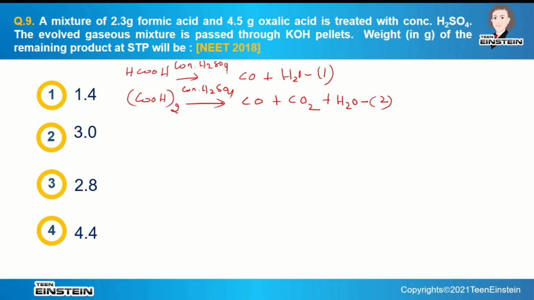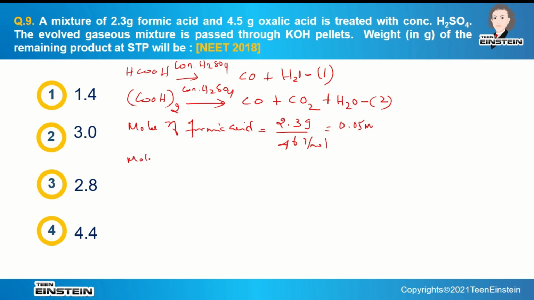So here first we calculate the moles of formic acid, which is equal to the given formic acid, 2.3 gram, divided by the molecular weight of formic acid, 46 gram per mole. So the moles of formic acid is 0.05 mole.